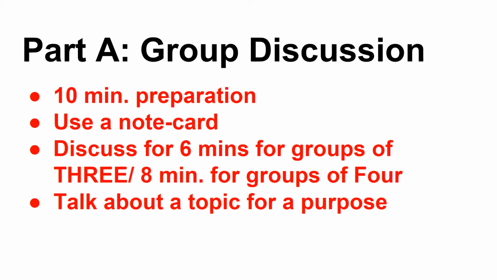You are allowed to use a note card to help you discuss. If you are in a group of 3, you discuss for 6 minutes. But if you are in a group of 4, you discuss for 8 minutes. And you're supposed to talk about a topic for a reason, for a purpose. So that is part A.